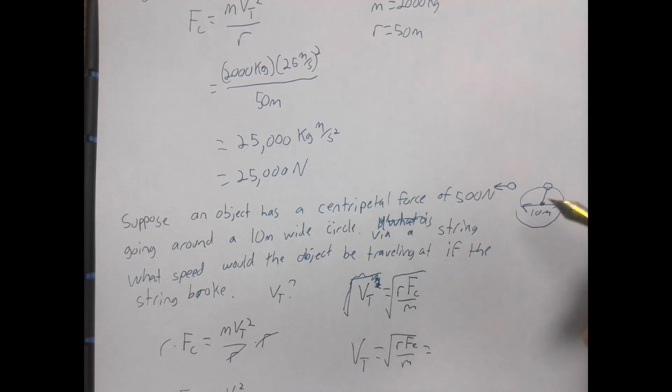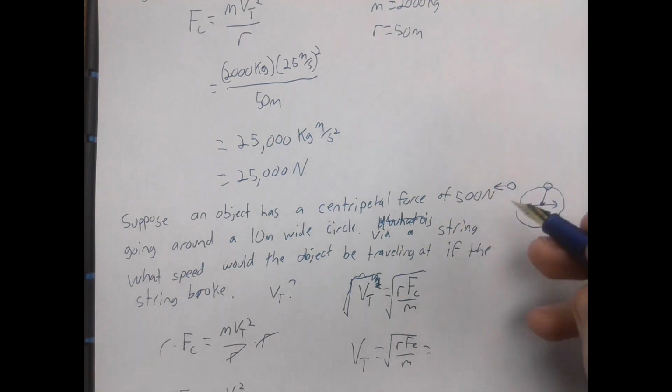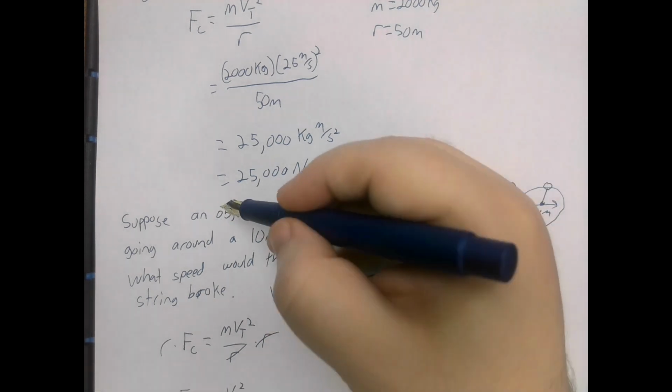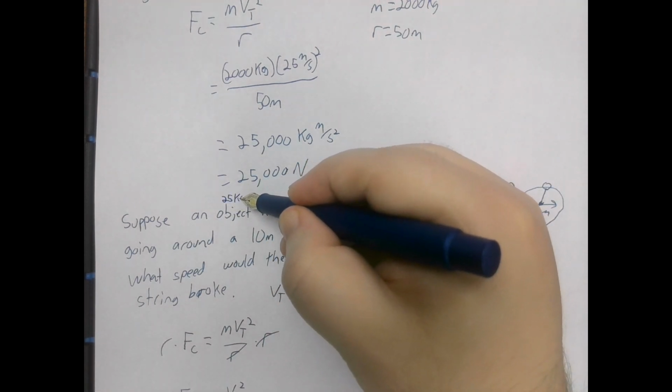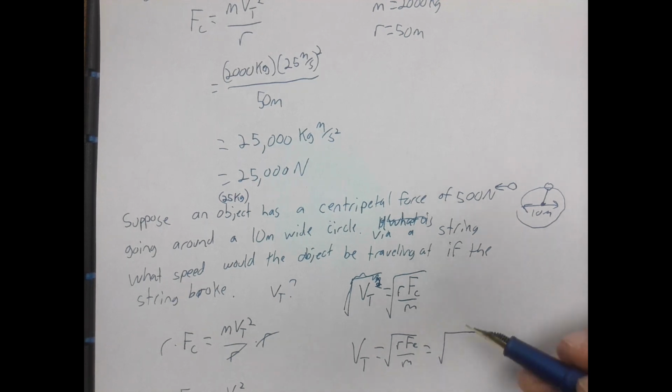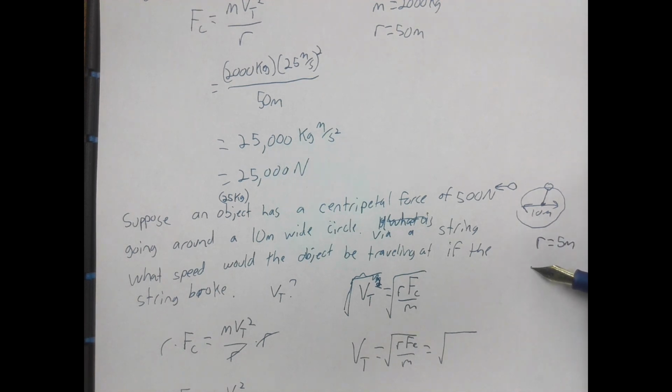And I left off mass. Let's make the mass of the object 25 kilograms. So that would equal the radius, which would be 5 meters, mass is 25 kilograms, centrifugal force is 500 newtons.